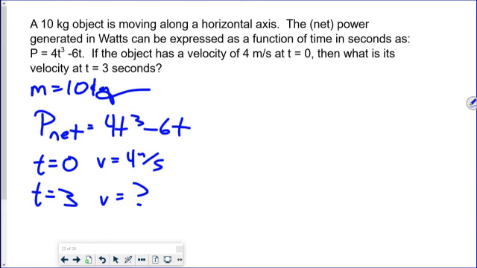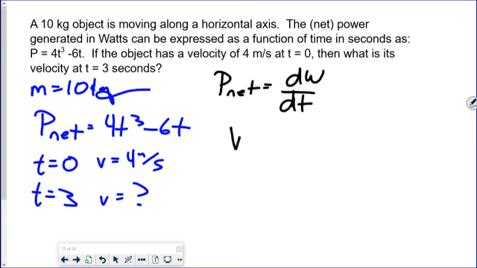Well, let's see. We know that net power is the derivative of work with respect to time. This is going to be new to you, but once I tell you this, it'll be a new equation for you that you can use. Those of you that are calculusy know that we can integrate both sides of this, and it gives us this equation.